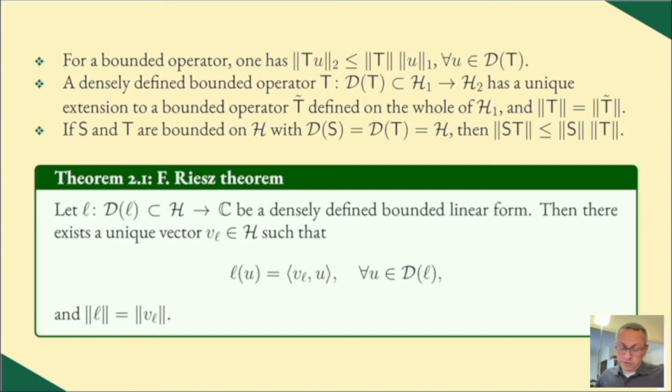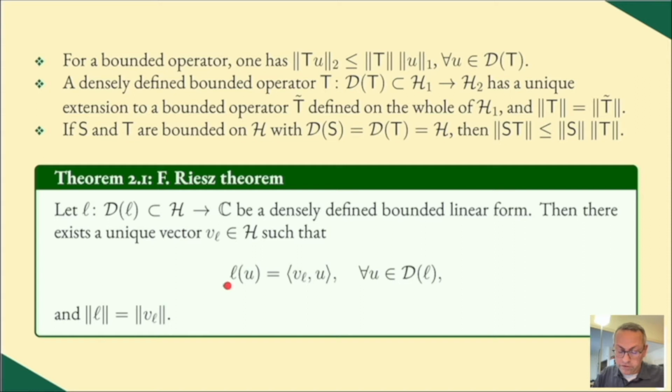And last thing about bounded operators, more precisely it's a theorem on bounded linear forms. It applies also for densely defined bounded linear forms. It's Riesz's theorem, which says that if you have a densely defined bounded linear form on H, then there exists a unique vector v_L such that you can express the form by an inner product.